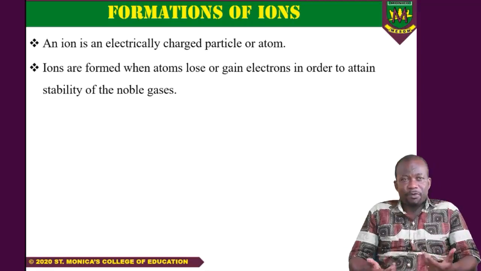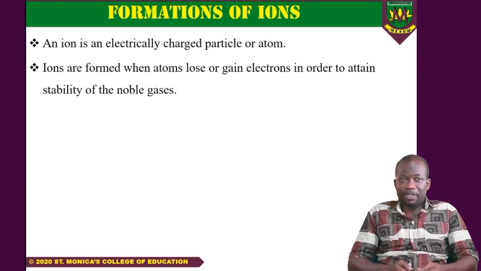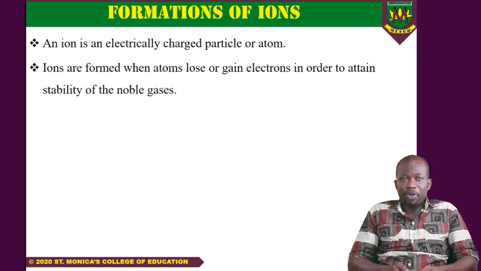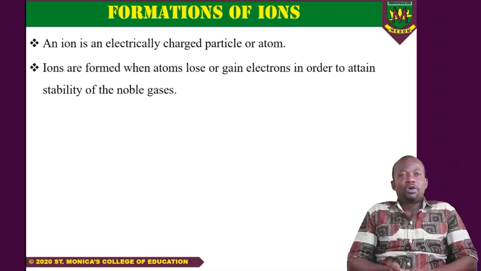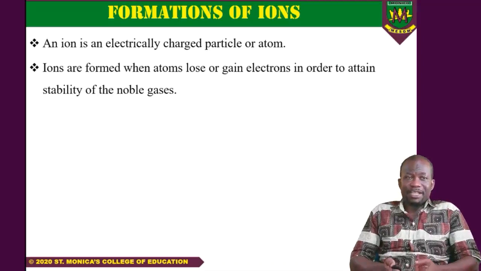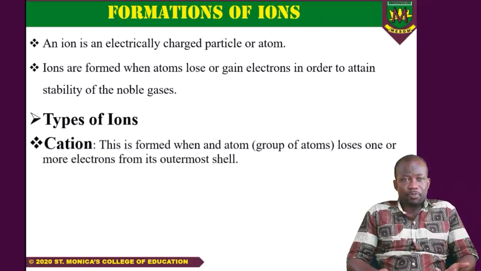How are ions formed? They are formed when atoms lose or gain electrons in order to attain stability of the noble gases. These ions that we're talking about, there are types of them. The very first one is what we refer to as cations. So when we talk of a cation, what are we referring to?